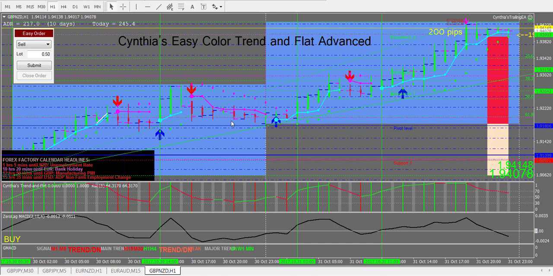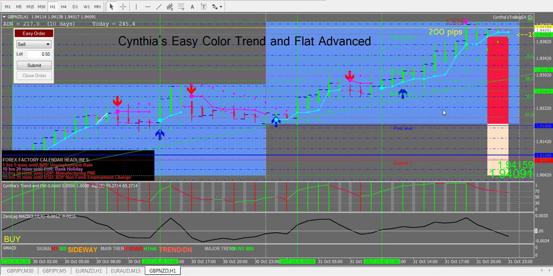But basically, price consolidates around the major key level. Here's another, this is several hours of consolidation right around this key level, kind of what it's doing today at the end of the day. This is a major key level, 1.9400, and the price is consolidating around this major key level. So every 100 pips you have a major key level, and every 25 pips you have a minor key level.